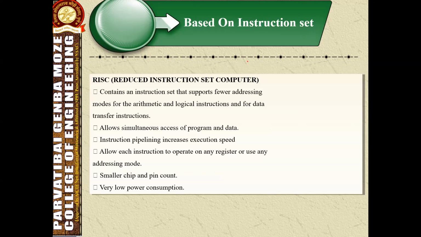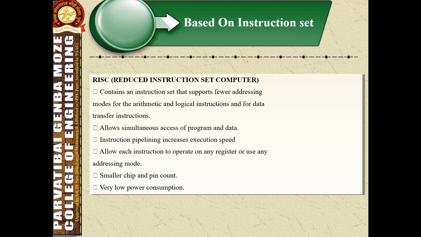Next, the microcontroller is classified based on the instruction set. There are two types of instruction set: one is RISC and another one is CISC. So what is RISC? RISC is a reduced instruction set computer.